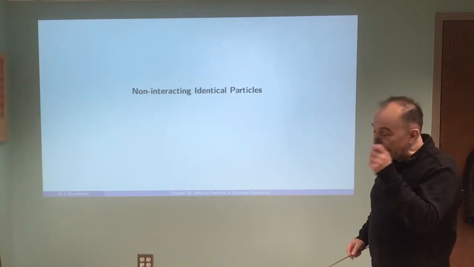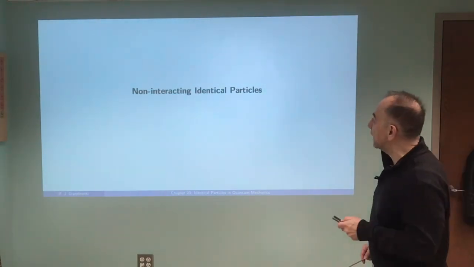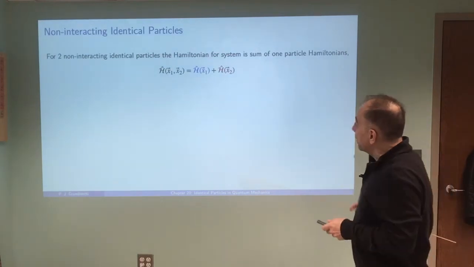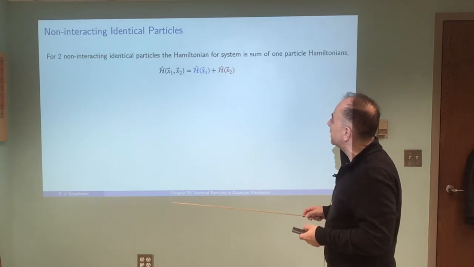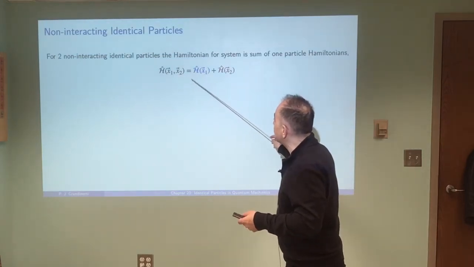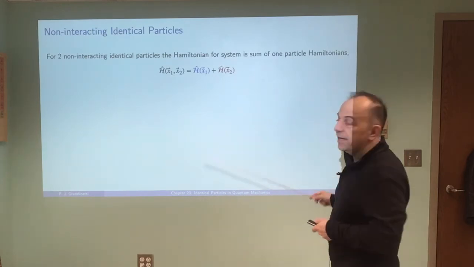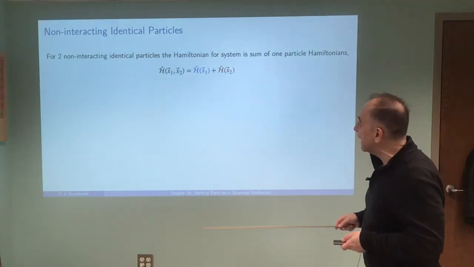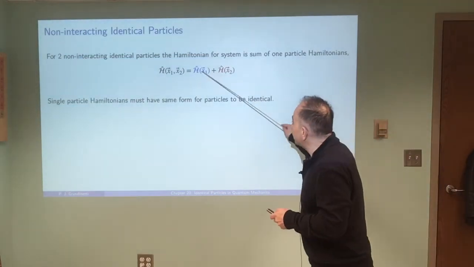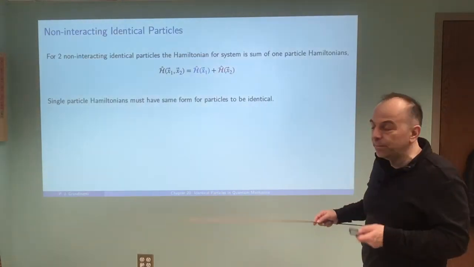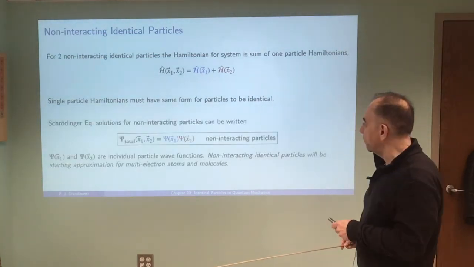Now we're going to look at the indistinguishability of non-interacting identical particles. When we have multiple particles that aren't interacting, we can always write the Hamiltonian for the total system as the sum of individual Hamiltonians governing each of the individual particles. These Hamiltonians for identical particles will have to be identical to each other, indistinguishable for particle exchange.